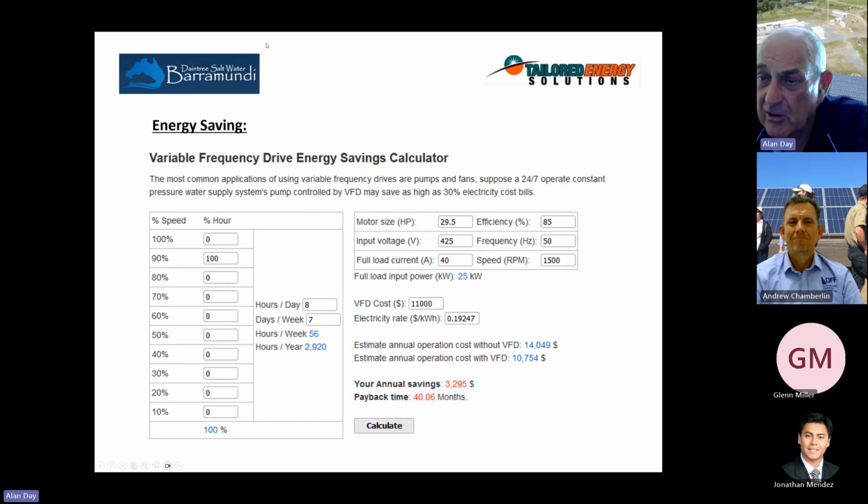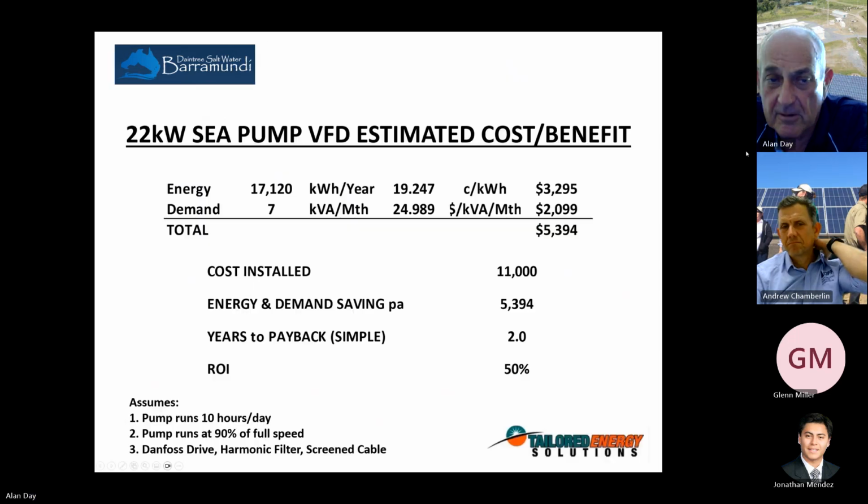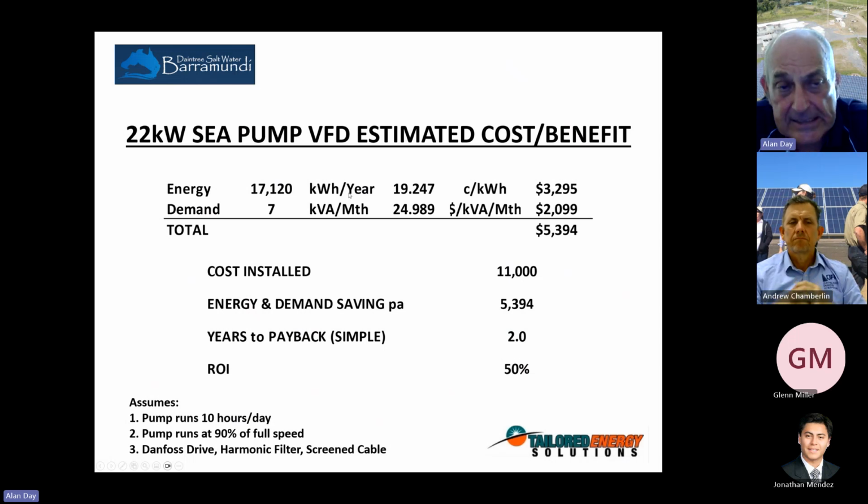So if we just have a look at how that all transpires, there's the two components of the savings. We're saying that based on that pump running 10 hours a day, running at 90%, it'll save 17 megawatt hours of energy a year.